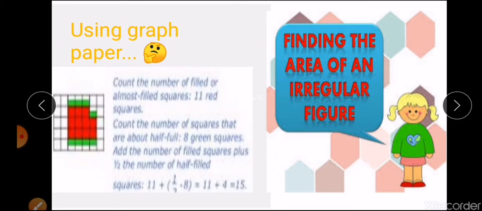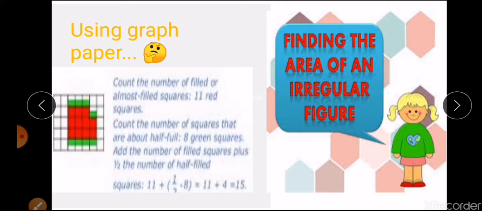Now remove that irregular shaped solid from that, so that you will get some irregular shape in your graph paper. Next, what you're going to do is count the complete number of squares in that graph paper within the outline you have taken. So count the number of complete squares first. Now second step, you're going to count the number of squares within the outline which are half and more than half.